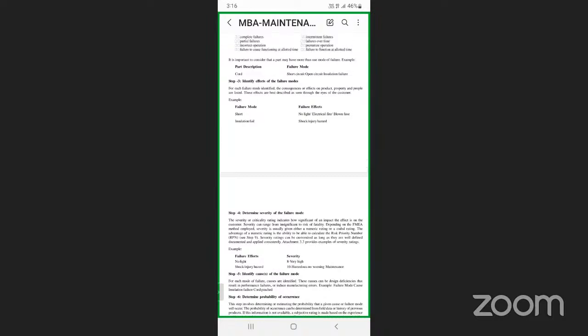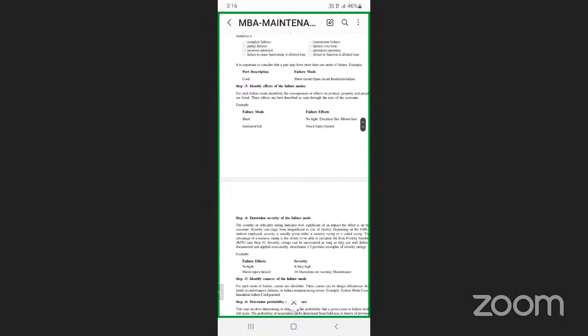So first, I repeat the 4 steps we have seen. First step, we divided the asset into different components, and noted down the function of each component. Second was how each component will fail; the failure modes were identified.